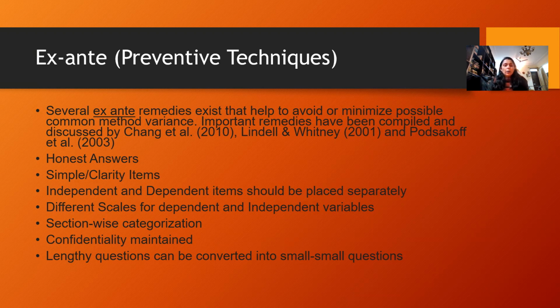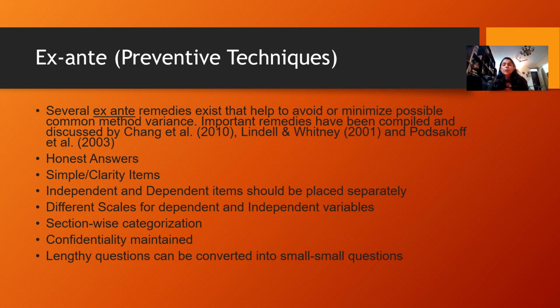So there should be an honest answer, whether you agree or do not agree with these options. And the most important preventive technique is that independent and dependent items should be placed separately. People are mixing both these kinds of factors, or constructs. So I think independent and dependent items should be designed separately.